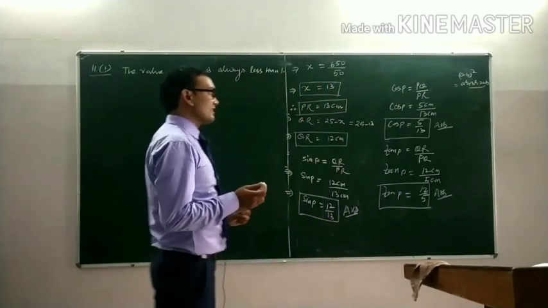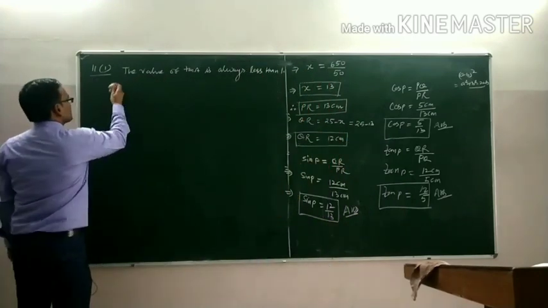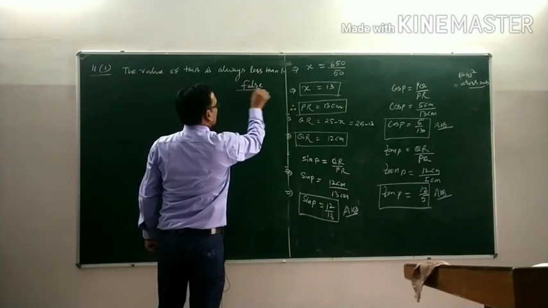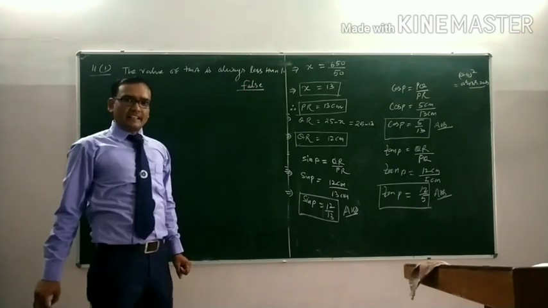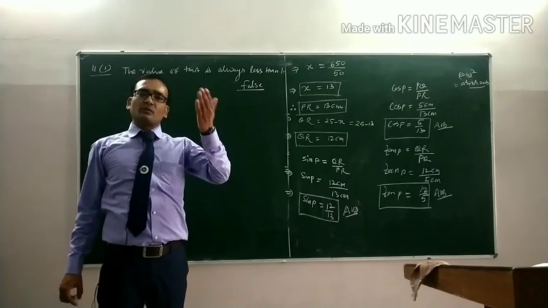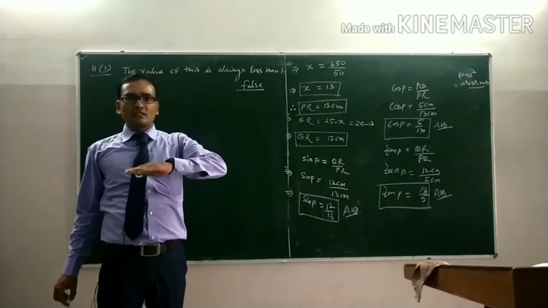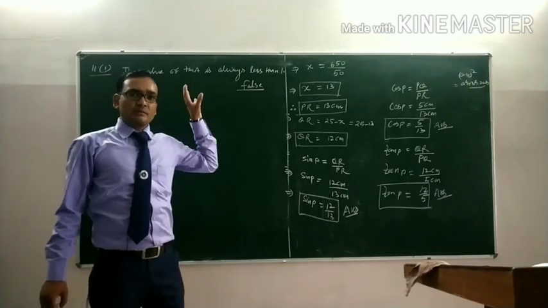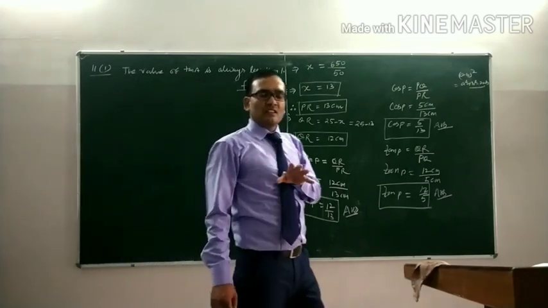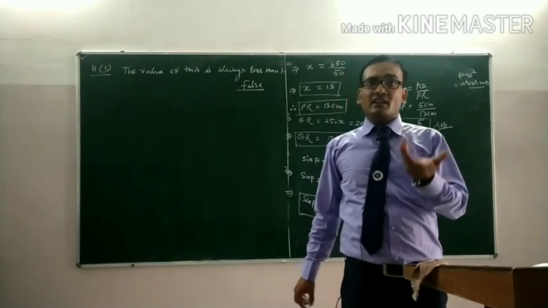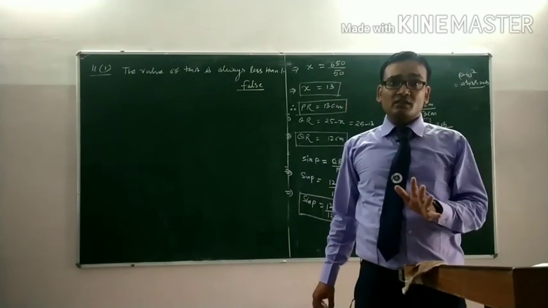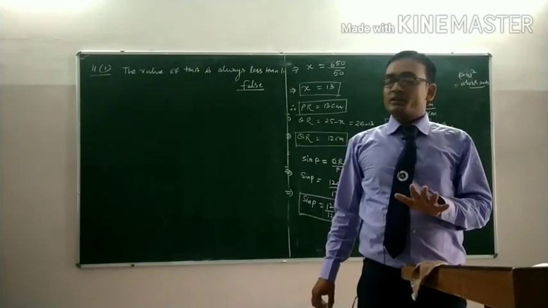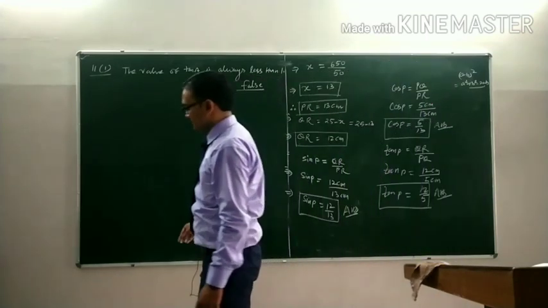Your justification: this statement is false. The value of tan A may be greater than 1, less than 1, or equal to 1. Here the statement says that tan A is always less than 1. This is wrong. This is false.